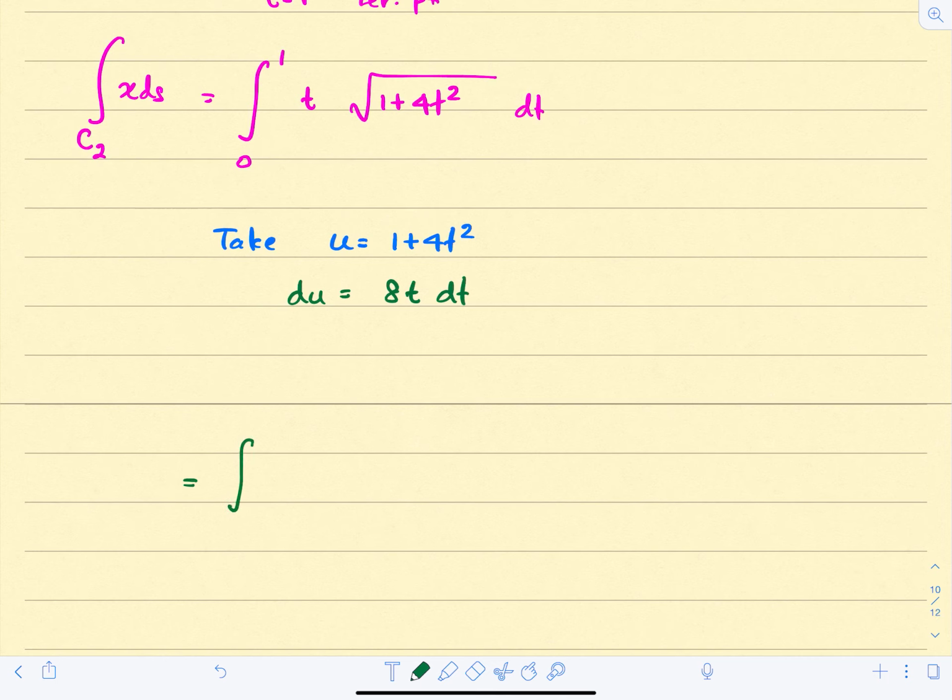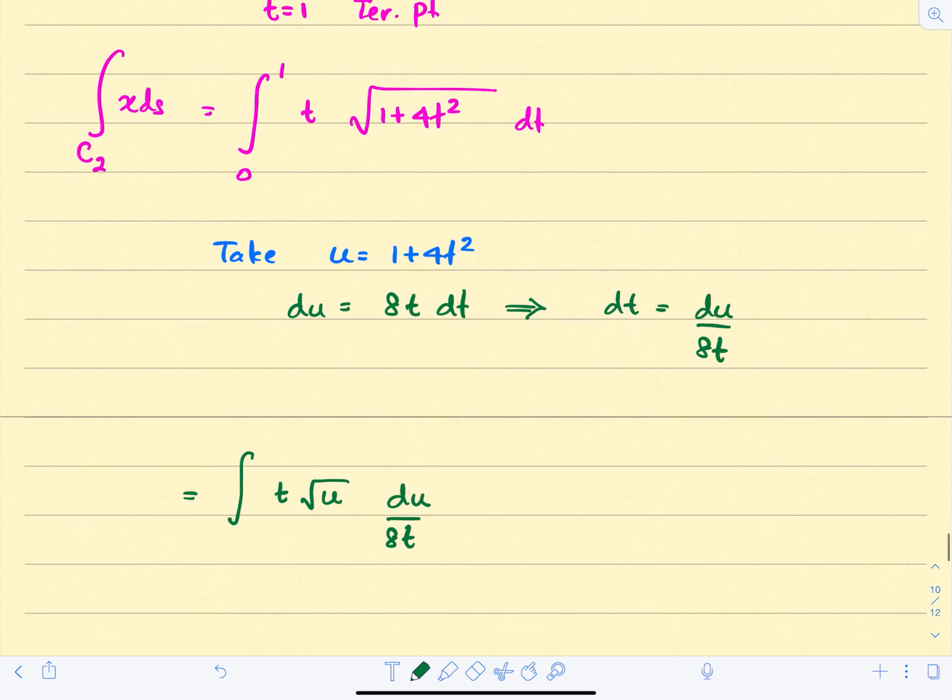So now we have t times the square root of u. Instead of dt, I can write du over 8t. From this we can solve for dt: dt equals du over 8t.